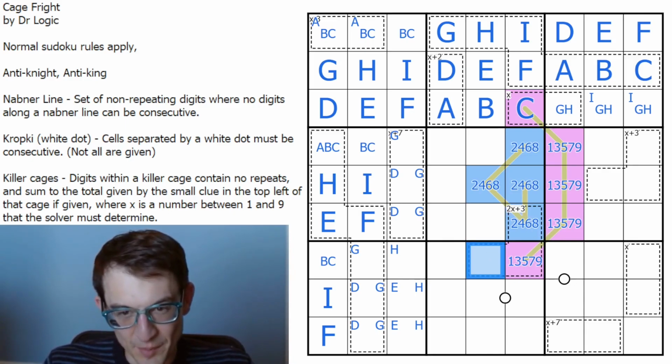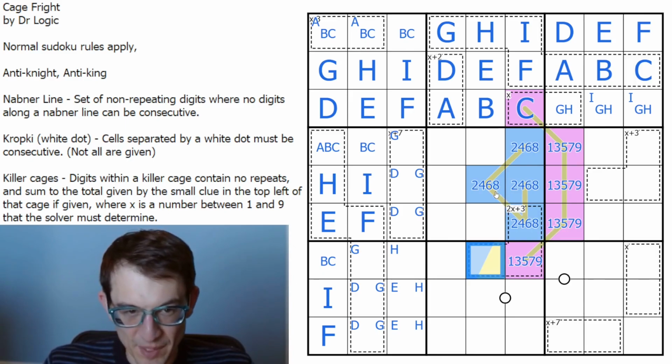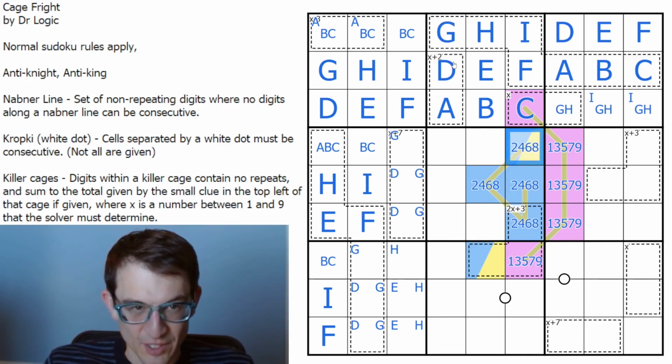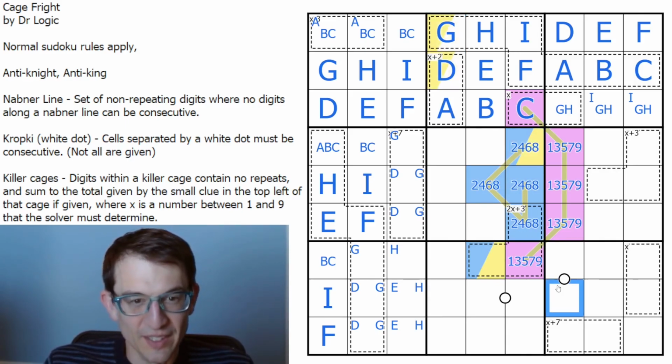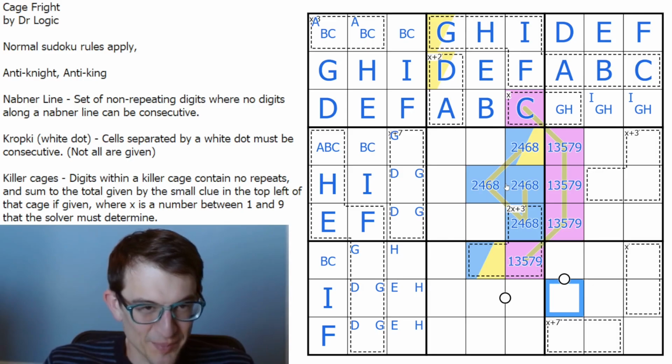And so this cell, unmarked, is yellow. It can't be this, can't be this by king's move, this by knight's move. So the yellow cell is here. So that's going to be either D or G. I don't know which one it is. Whether someone else could figure out which one it is, that's a different question.